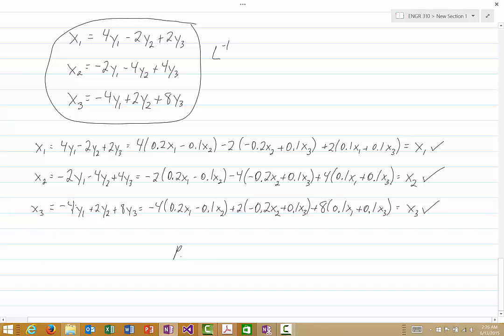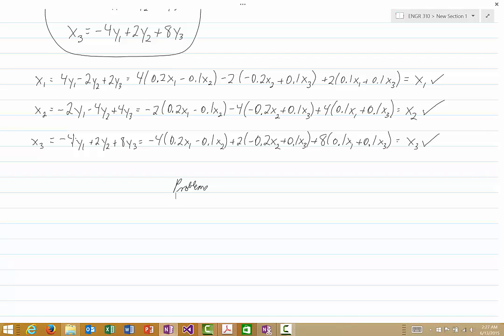And now let's consider some problems. The problems that I'd like for you to look at for 7.1, let's do problem 7.9.11, and for problem 7.2, try problem 7.9.13 from your textbook.